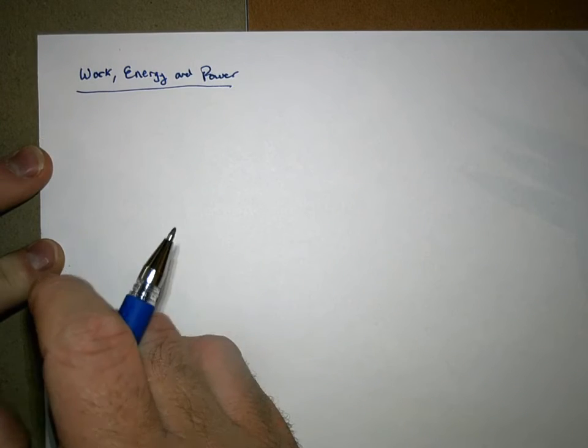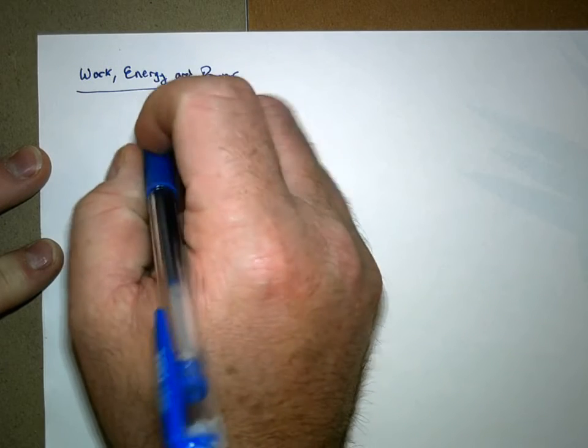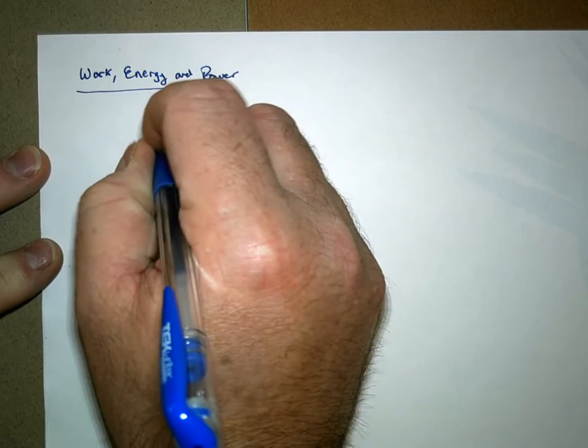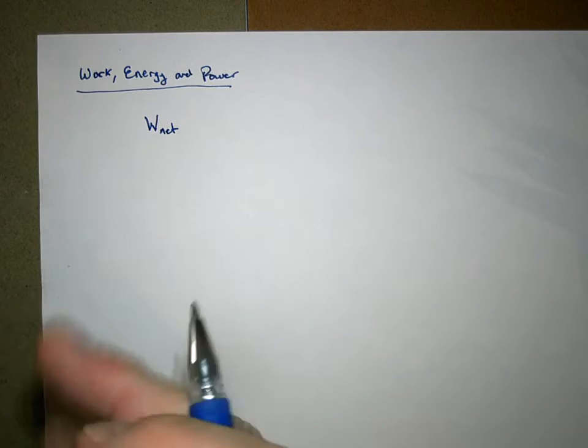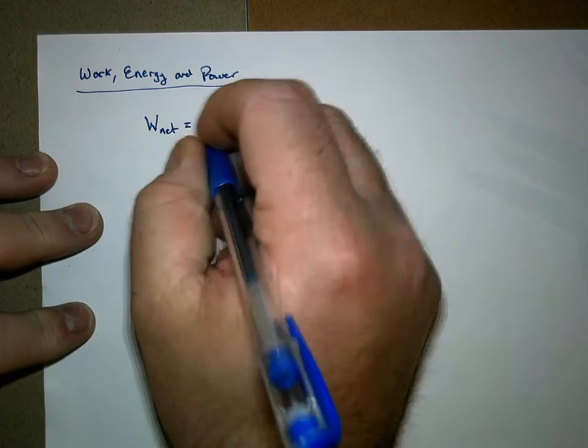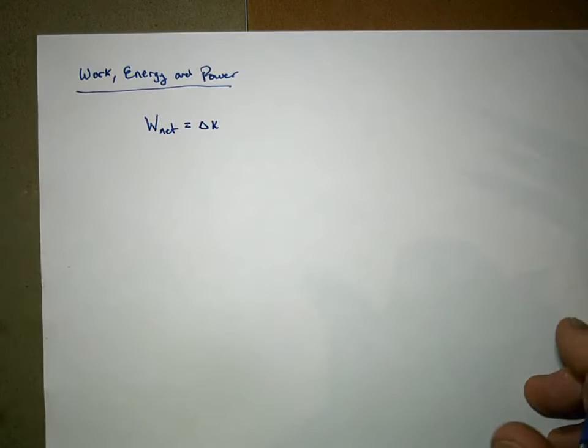All right, and this is of course the work energy theorem. So we're going to start with W net. If there's a work done by a net force, that is going to give us our change in kinetic energy. Well, and so where do we go with this?